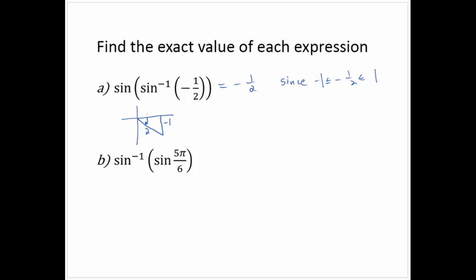Completing the right triangle, we have a root 3 here, and we know that this is a special angle, and this angle here is negative pi over 6. So if I call this angle x, then x is equal to negative pi over 6. And so then this becomes the sine of negative pi over 6, which is negative 1/2.